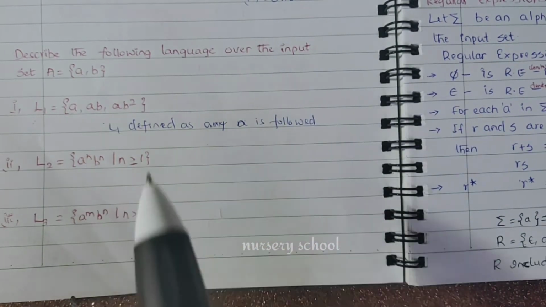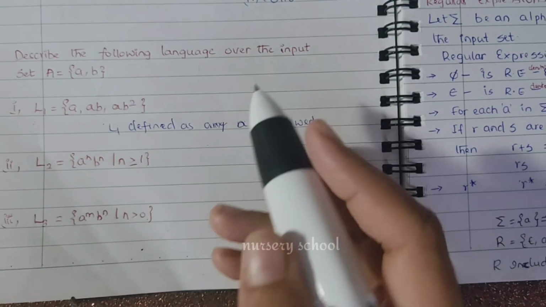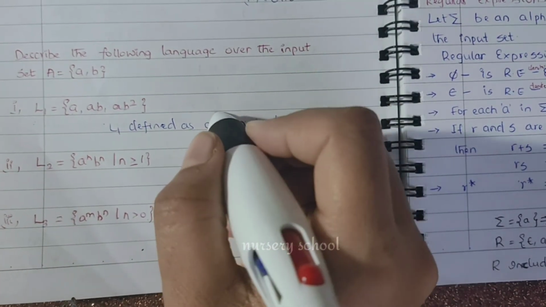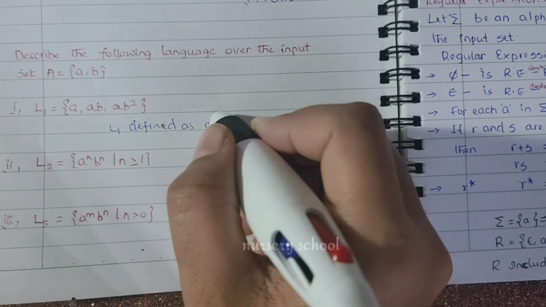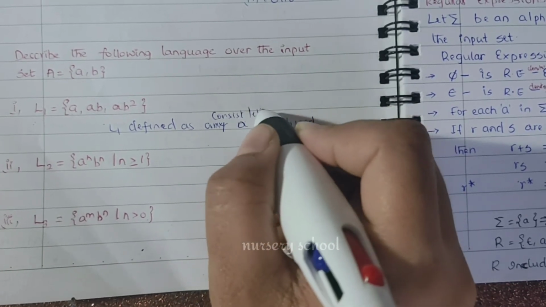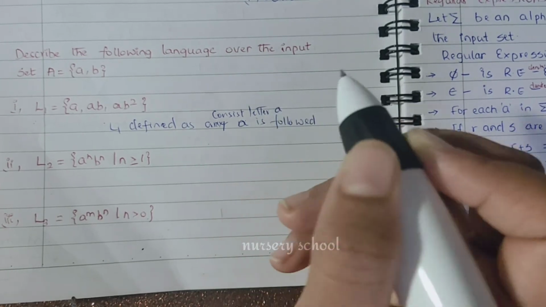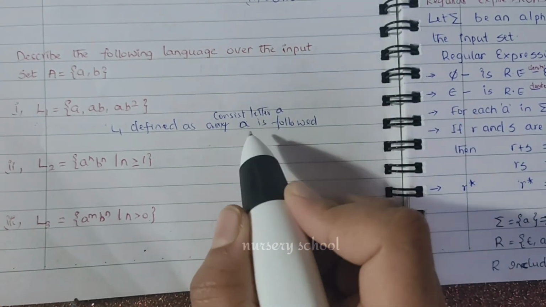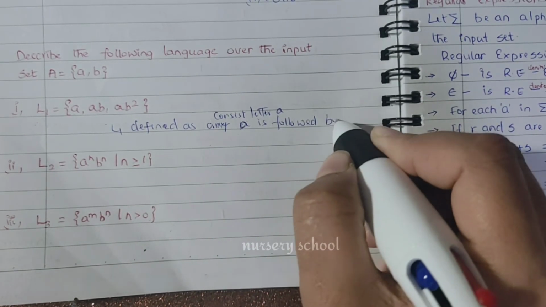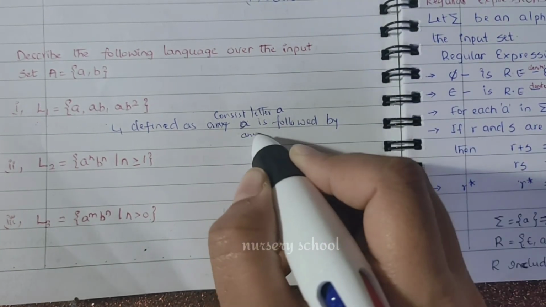L1 is defined as: it consists of the letter A followed by any number of B's.